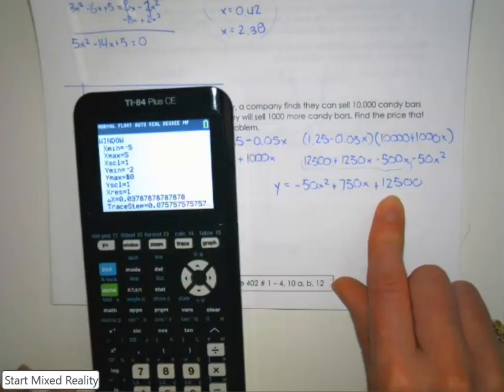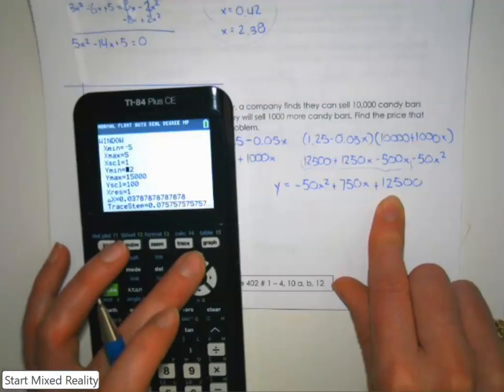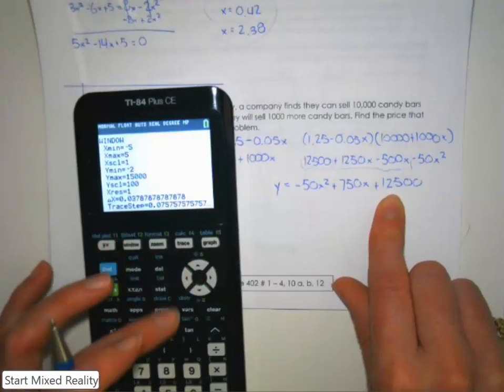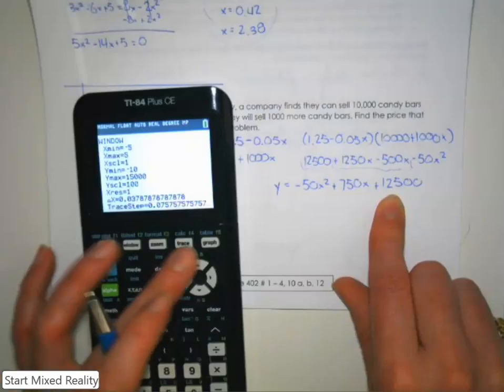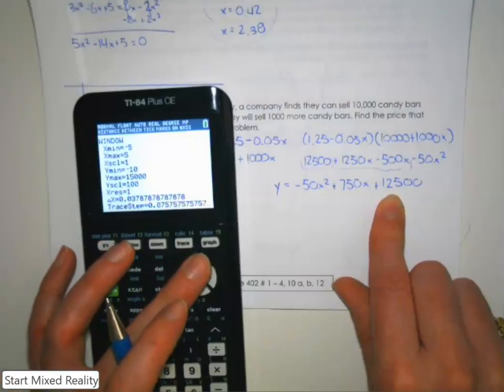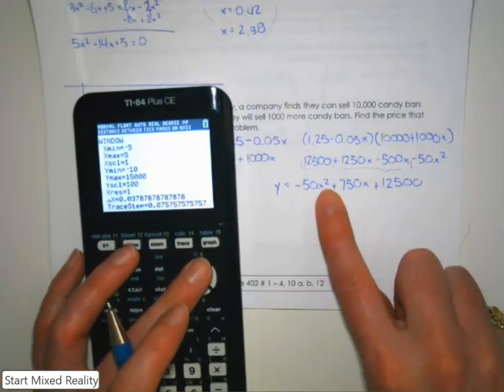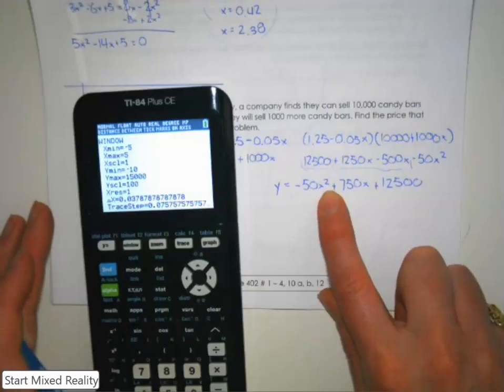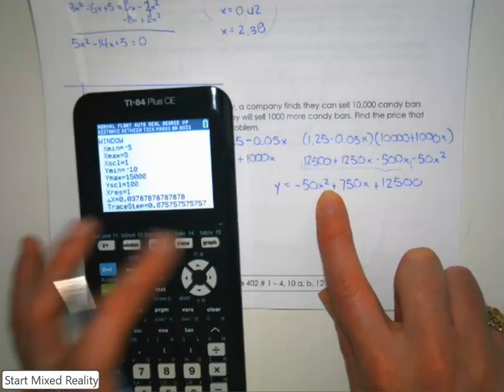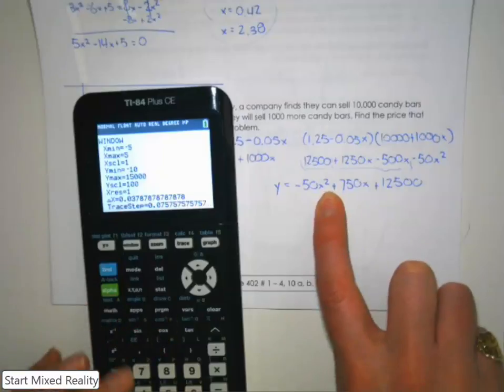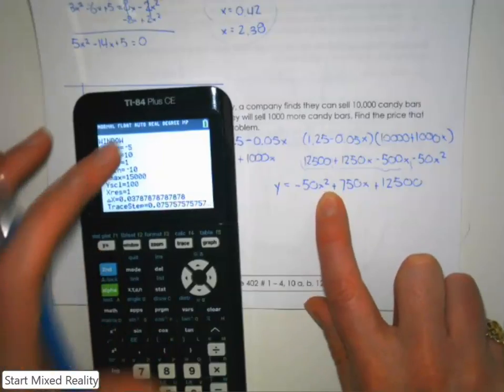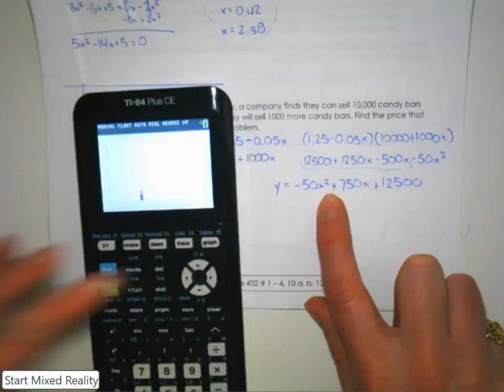So Y max 15,000, and I'm going to make my scale 1,000. Y minimum, I don't really need to go down very far, so I'll go negative 10. And then for my X scale, X is going to be your number of price decreases, so X max would be 10. And you're not going to have negative price decreases. So let's see if that gives us anything.